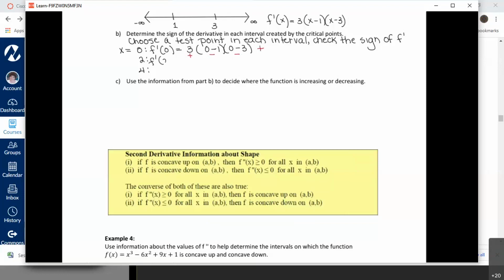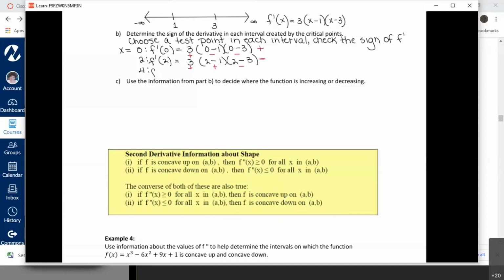Now I'm going to plug in a 2. That's going to be 3 times 2 minus 1, 2 minus 3. Again, just plugging in for the x: 3 is positive, 2 minus 1 is also positive, 2 minus 3 is negative. Two positives and a negative multiplied together gives me a negative.